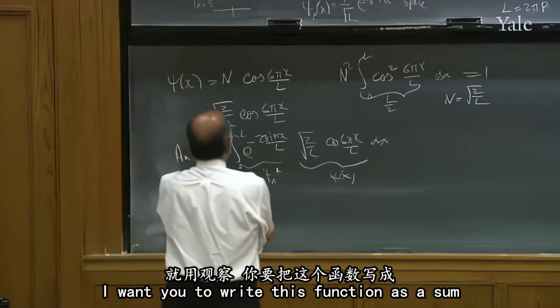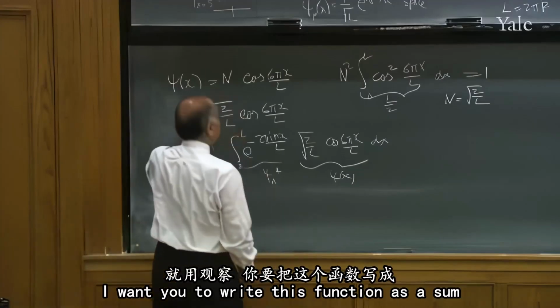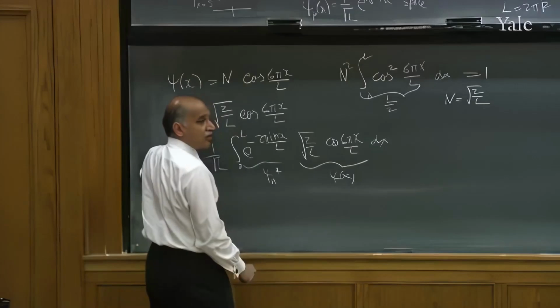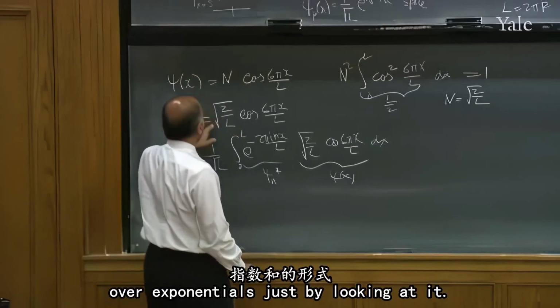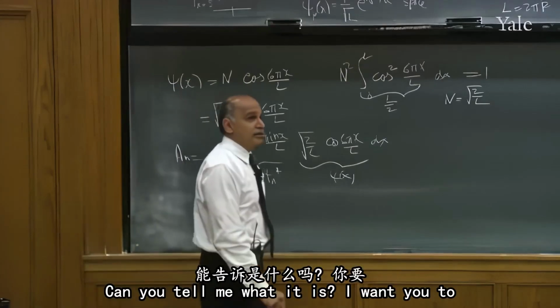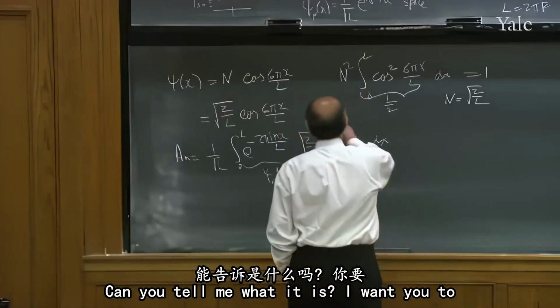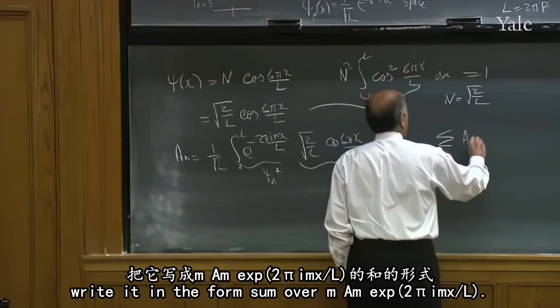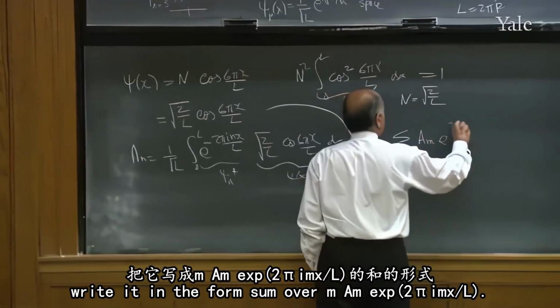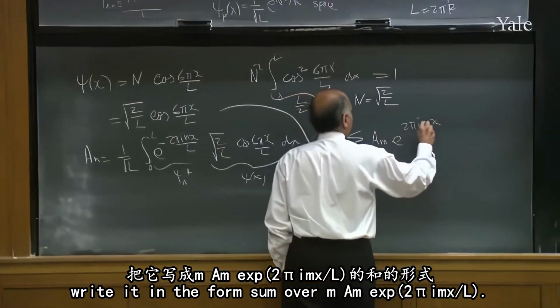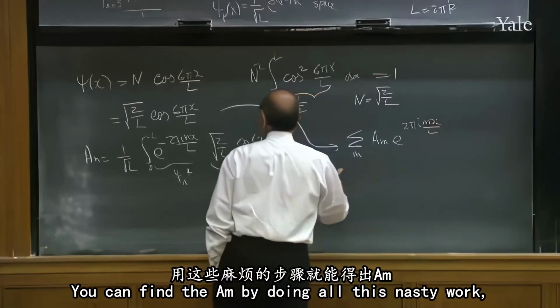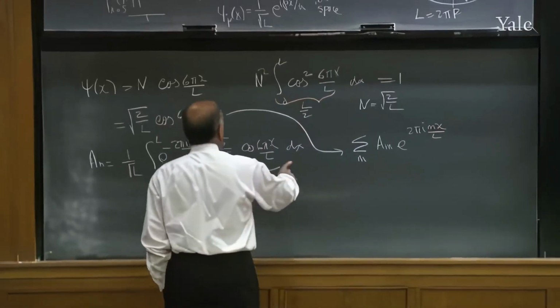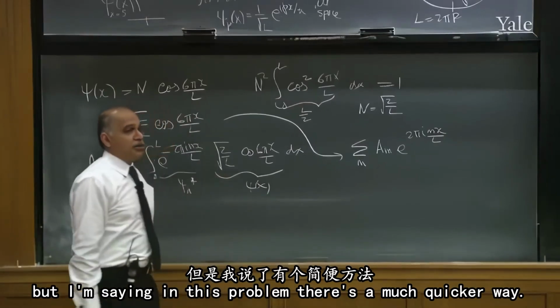I want you to write this function as a sum over exponentials just by looking at it. Can you tell me what it is? I want you to write it in the form sum over m a m e to the 2 pi i m x over L. You can find the a m by doing all this nasty work, but I'm saying in this problem, there's a much quicker way.